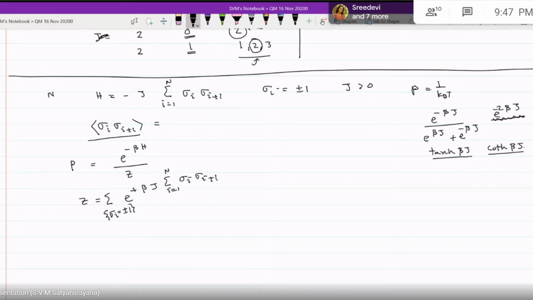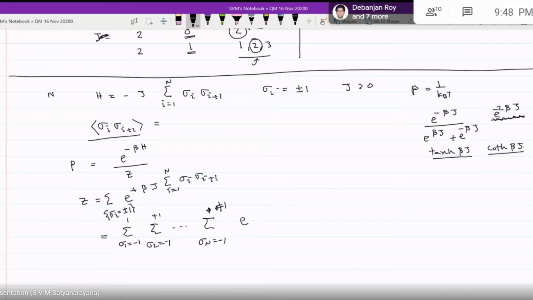Yes, sir. If you write it like this, for example, let's say sigma 1 is from minus 1 to plus 1, sigma 2 is from minus 1 to plus 1, like this up to sigma N from minus 1 to plus 1.